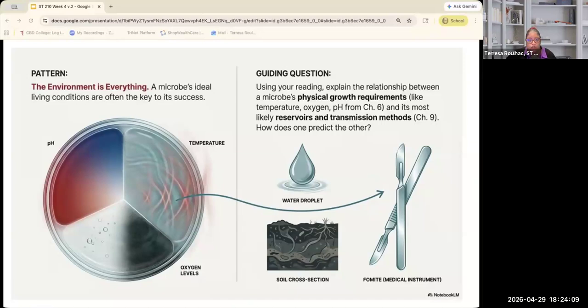Water droplets, soil, our medical instruments. Microbes don't choose these places, they're matched to them. Now, based on environment alone, which of these would you predict is the highest risk reservoir in our setting?